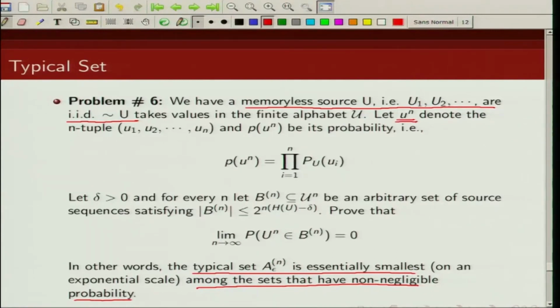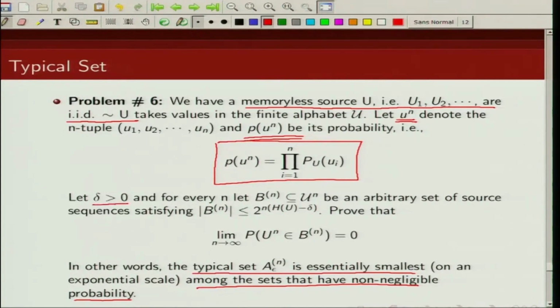Let u^n denote an n-tuple, so u1, u2, u3, ..., un. Its probability is given by p(u^n), and since it's a discrete memoryless source, we can write this probability of u^n as the product over i going from 1 to n of p(u_i).